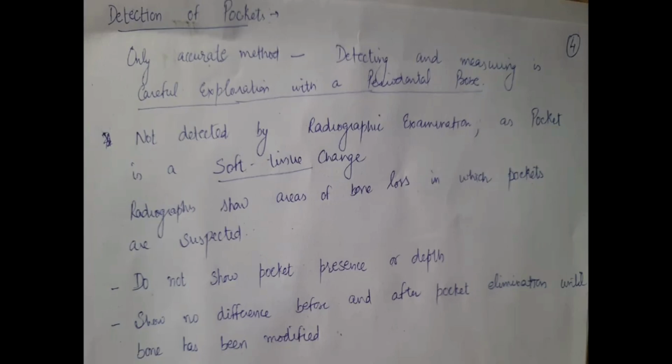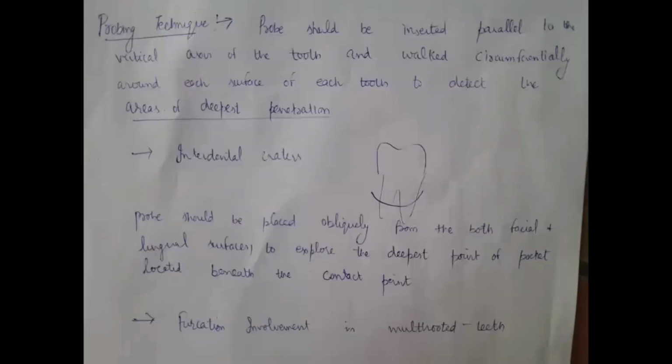Radiographs will show you areas of bone loss in which pockets can be suspected, but if there is recession, then bone loss will not correspond to the pocket depth. X-rays will not show you the pocket presence or pocket depth, and x-rays cannot even tell you the difference before and after pocket elimination.